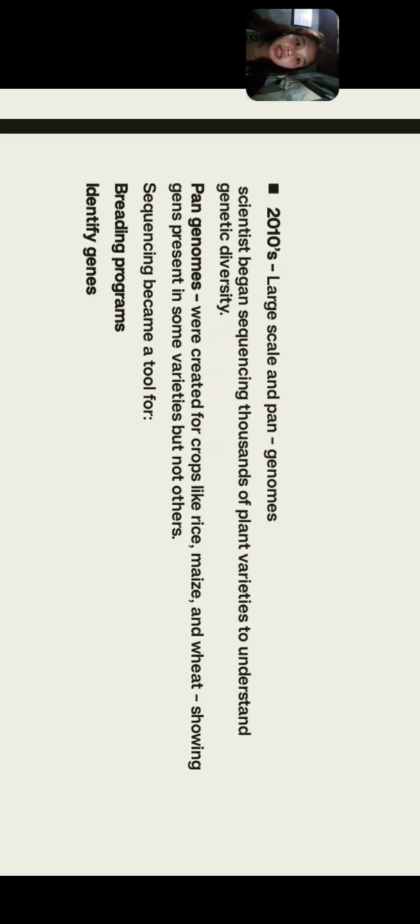In 2010, large-scale plant genome studies. Scientists began sequencing thousands of plant varieties to understand genetic diversity, the differences in genes between plants.